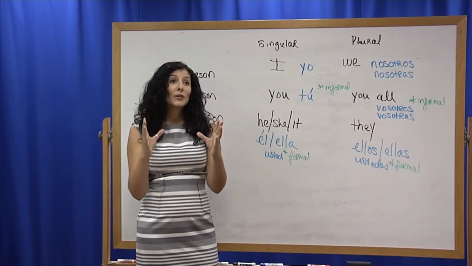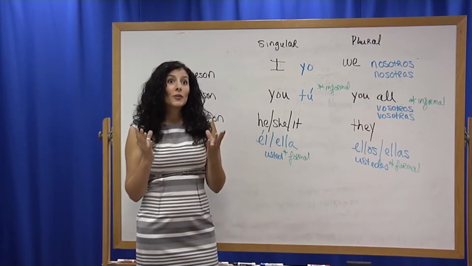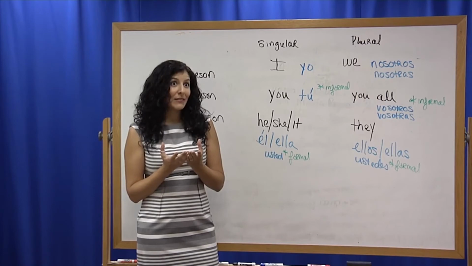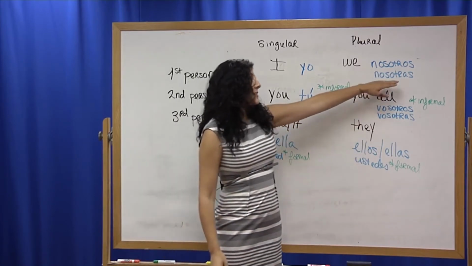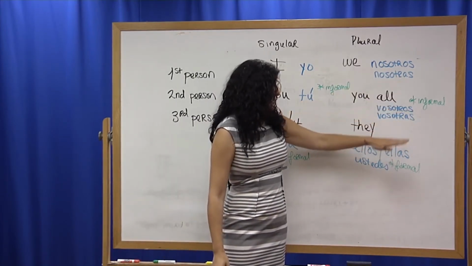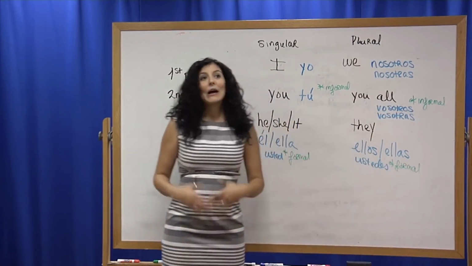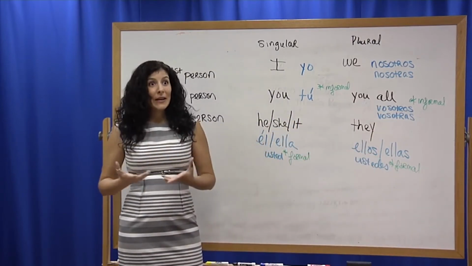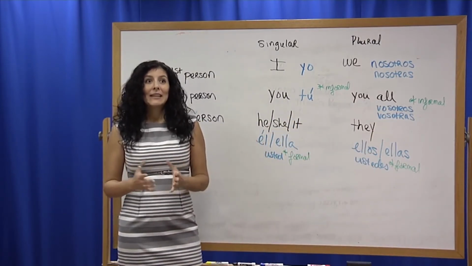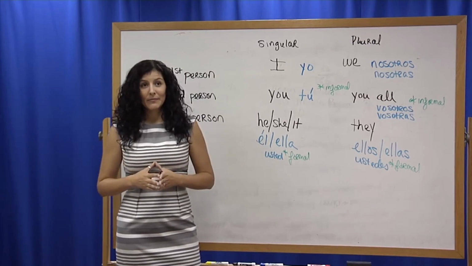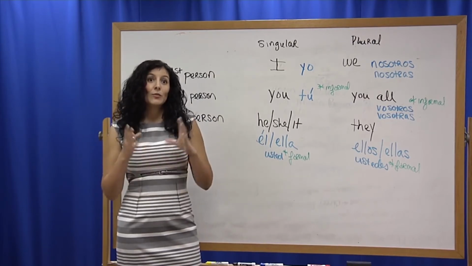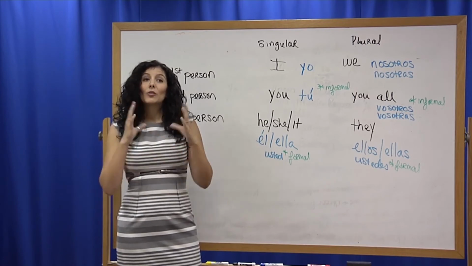That is to say, if you are in a room and there are 30 women and they're all women, then you can use these ones, nosotras, vosotras, or ellas. However, if you are in that room of 30 women and suddenly Bob walks into the room and he sits down, you are no longer in a group of all women.